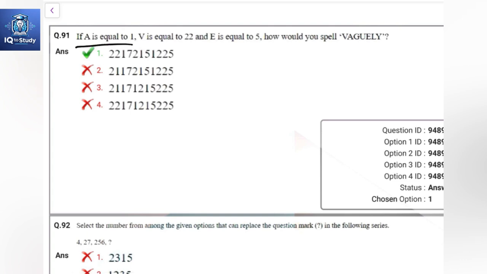If A is equal to 1, B is equal to 22, E is equal to 5, then how would you spell vaguely? In the question, they have given the positional values of alphabets.